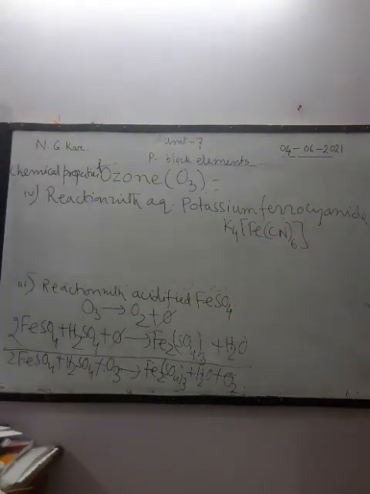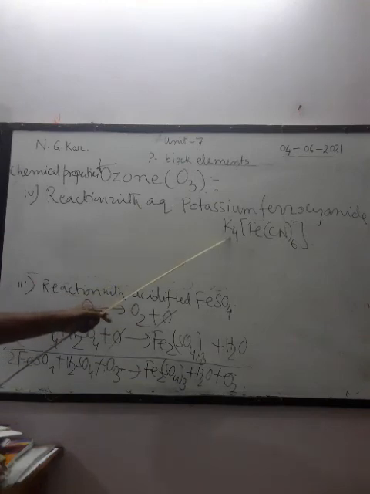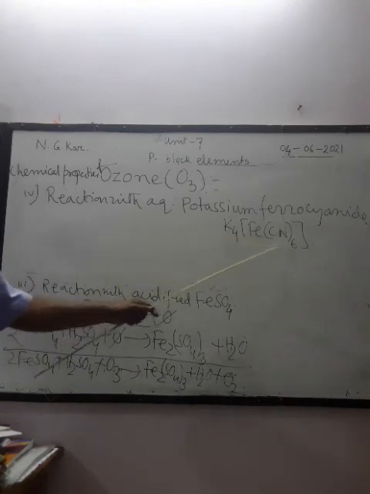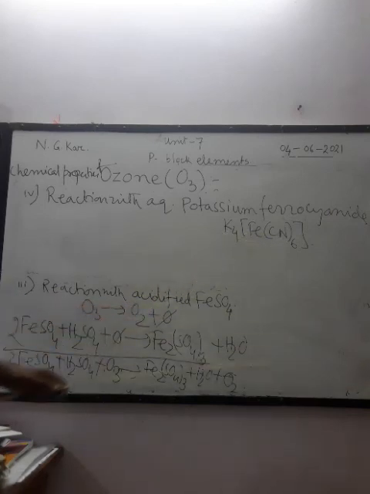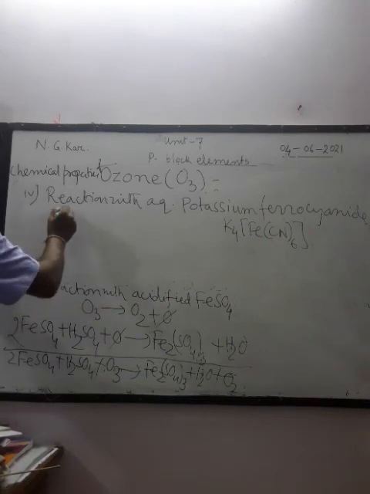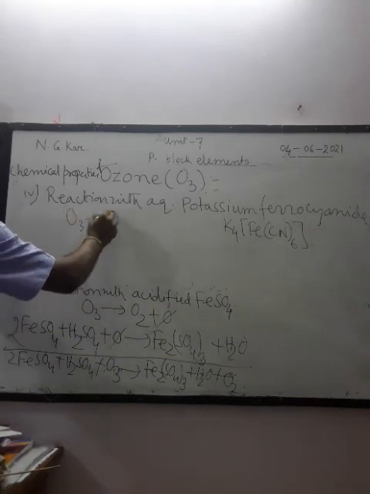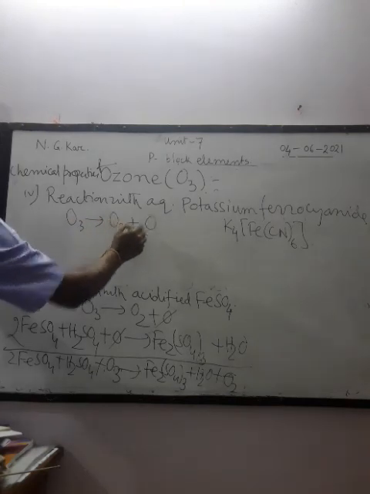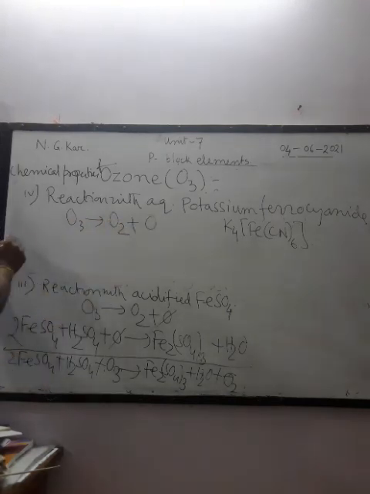So our next reaction is reaction with aqueous potassium ferrocyanide. The formula of potassium ferrocyanide is K4Fe(CN)6. The common reaction is like the previous three: O3 first decomposes to O2 and atomic oxygen.